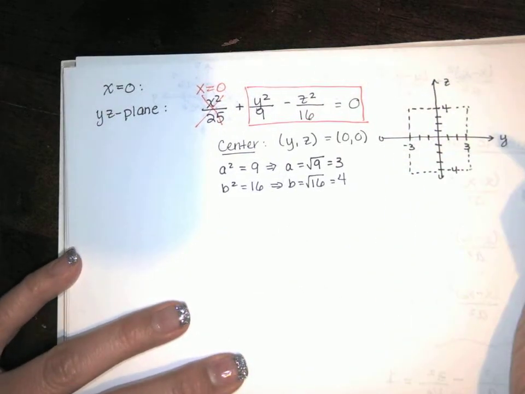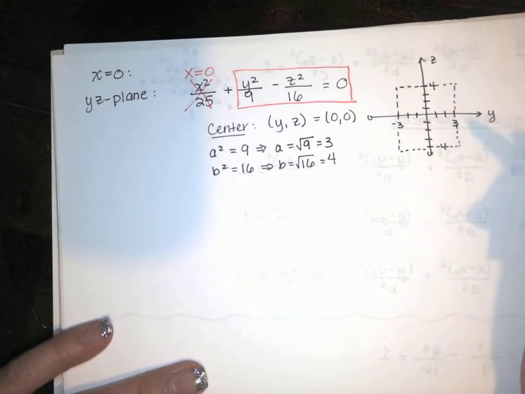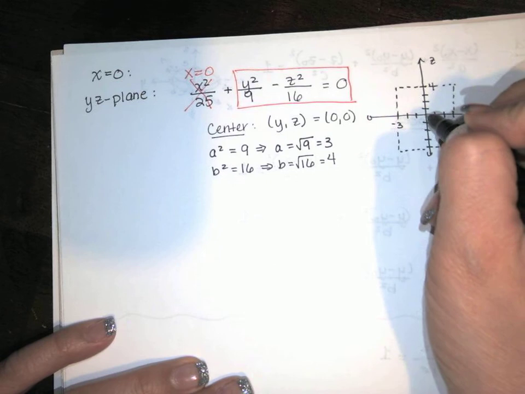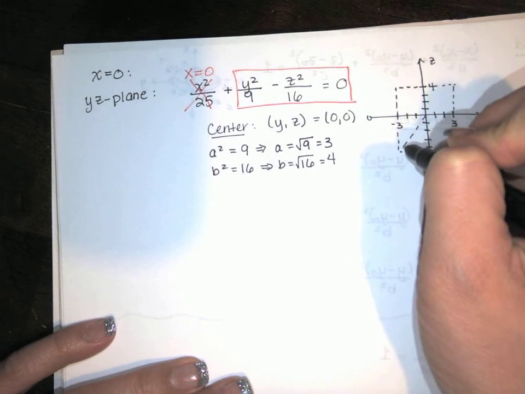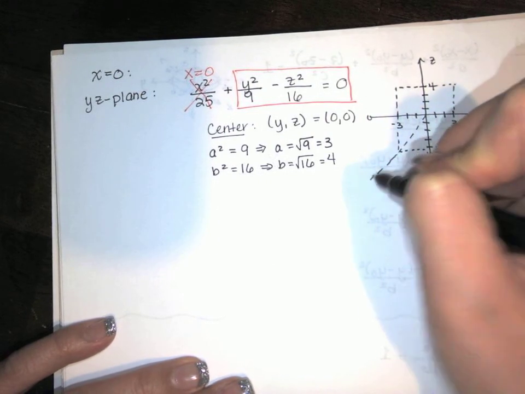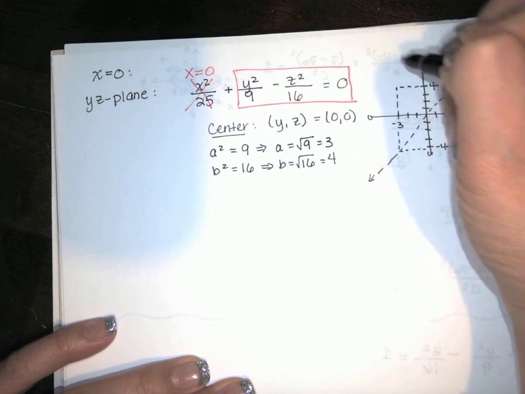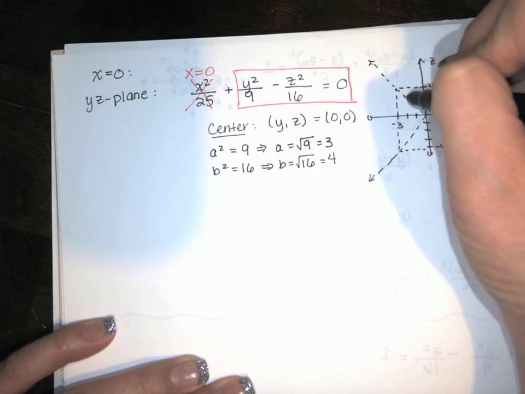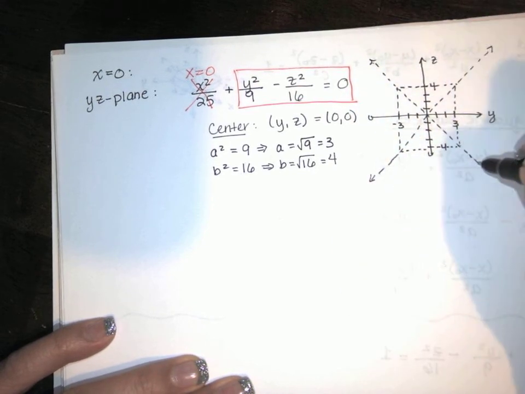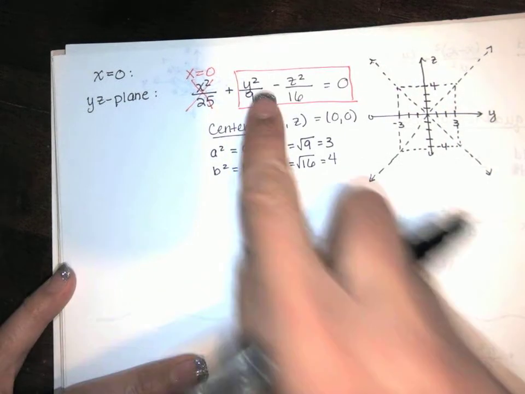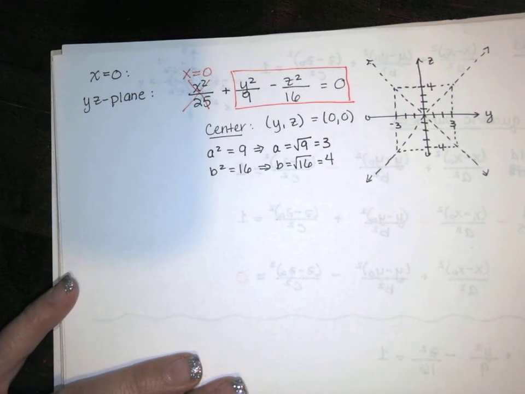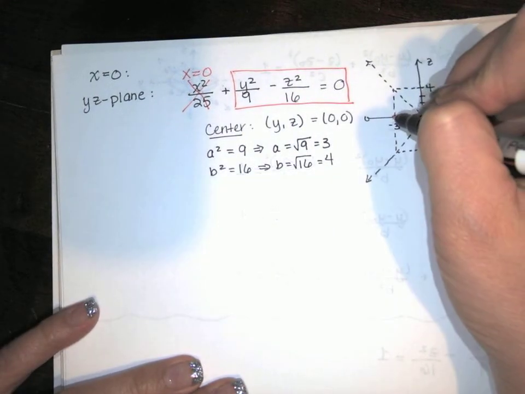It's 2D. Okay, so I've got my rectangle, and I'm going to draw diagonals through the rectangle. These lines are the asymptotes of our hyperbola. And the y is positive, so this opens in the y direction.